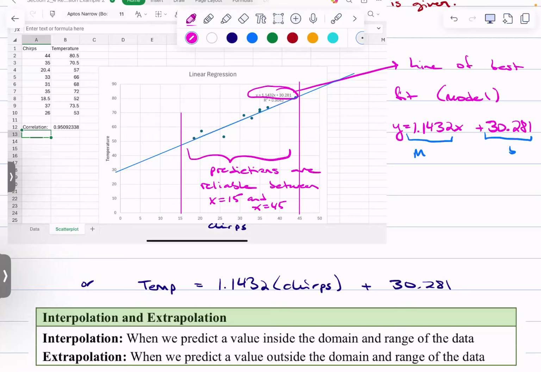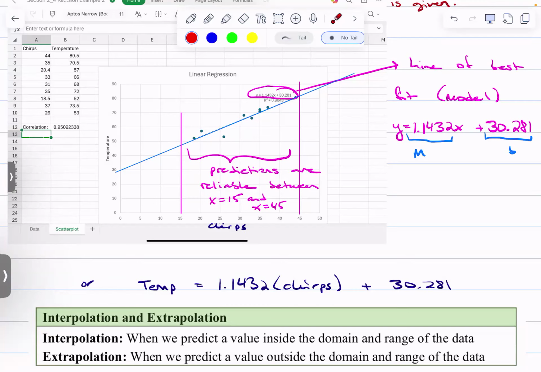Predicting the temperature for any number of chirps outside this range would be considered extrapolation. And the only problem with extrapolation is that our predictions are unreliable. We've seen that before.